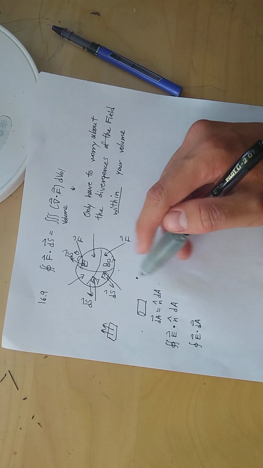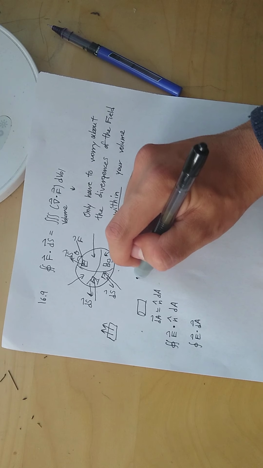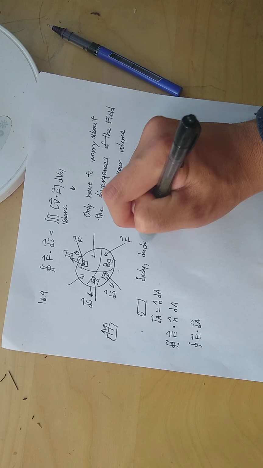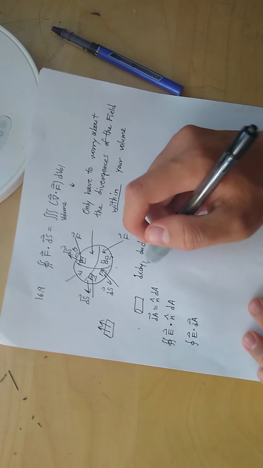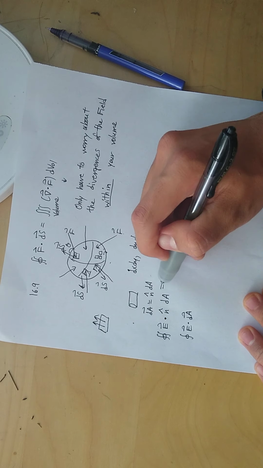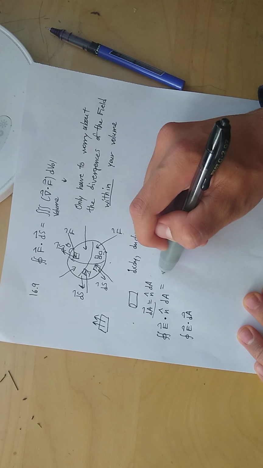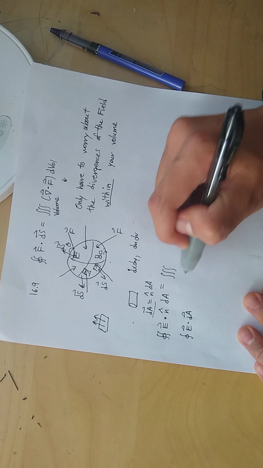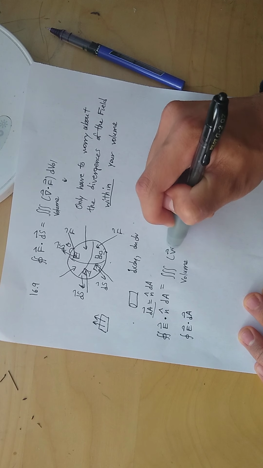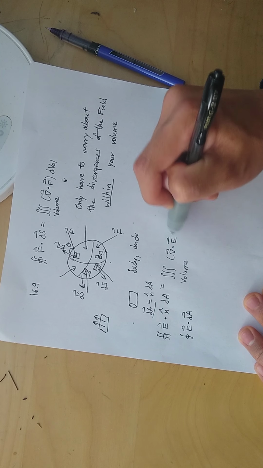And that area element is actually in terms of dx dy or in terms of du dv. So this is your flux. And then by the divergence theorem, is equal to the volume integral of the divergence of the electrical field over this volume.